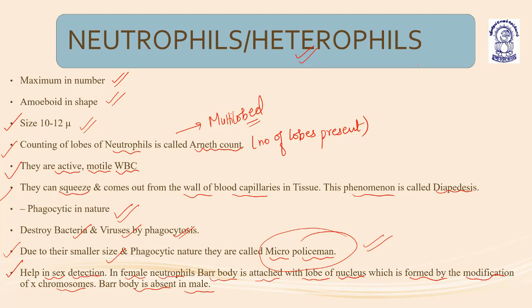Females have two X chromosomes, so one is considered as X chromosome and the other one is considered as a bar body. Males have XY, so they have only one X chromosome, no bar body. Understood? Neutrophils are also known as what? Heterophils. Nucleus is multi-lobed.